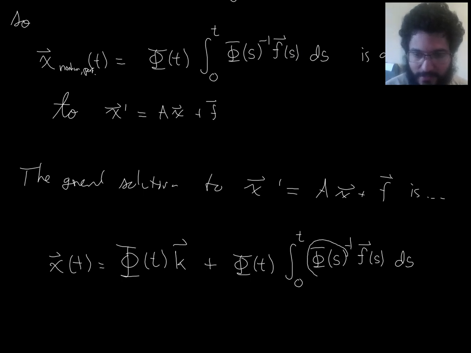So like this is a function, this is a matrix, and then we're taking its inverse. So that's already kind of a gross thing, right? If the original functions inside phi were nice, then when you take this inverse, you're going to probably get something not very nice. And then you're applying that to this function. This could be a terrible, terrible integral. So we don't know. Usually this integral will be just horrible and you will not be able to do it. But at least written like this, it looks pretty, right?